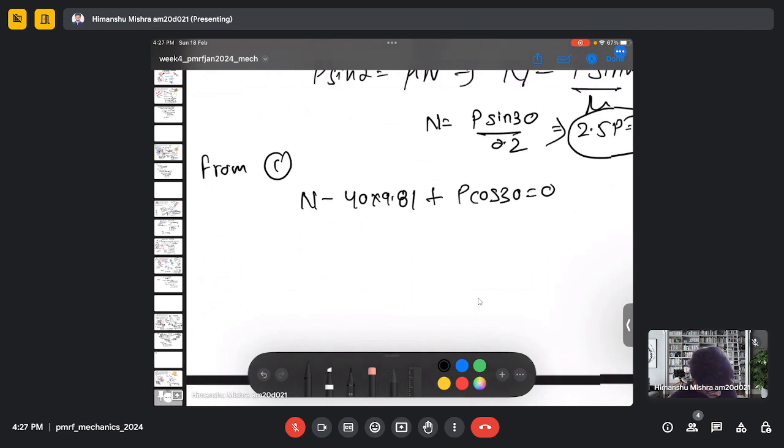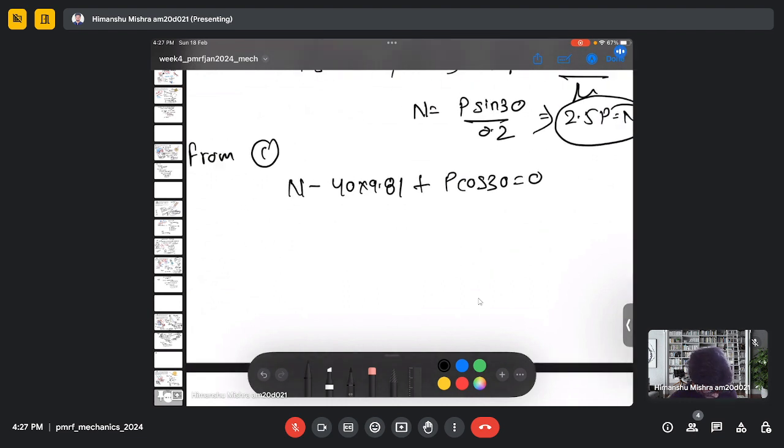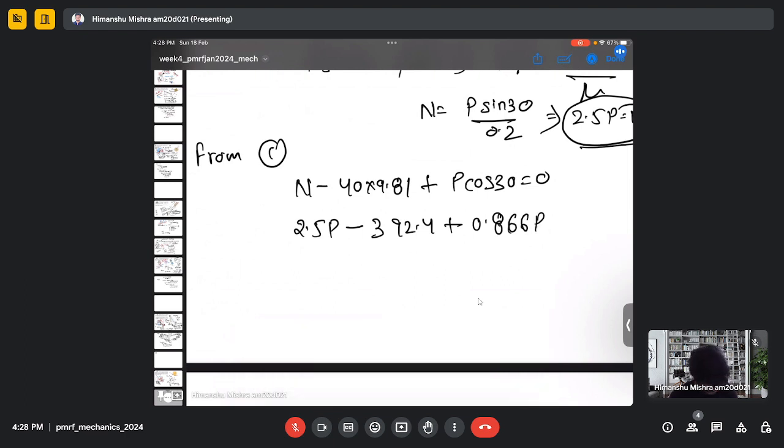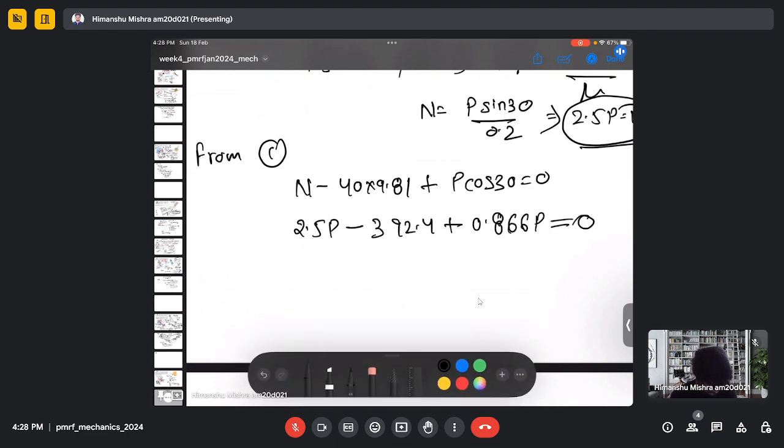And my normal reaction is 2.5 P that we have found above. So it will be 2.5 P minus 392.4 plus 0.866 P equal to 0.